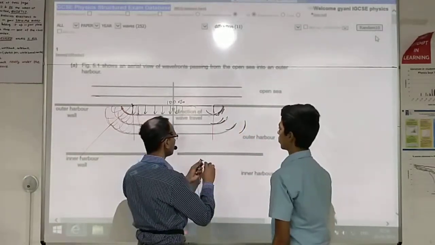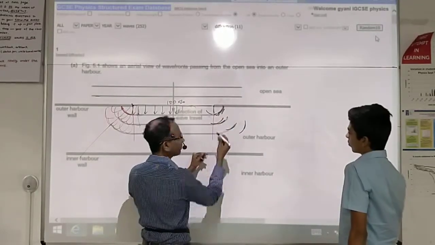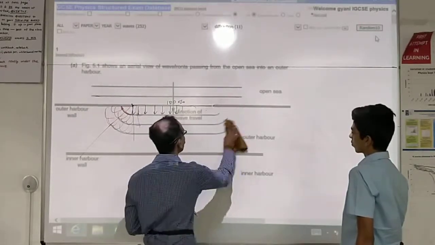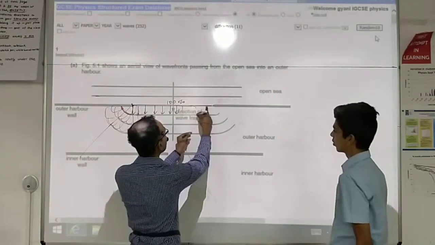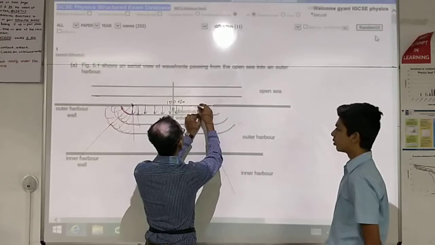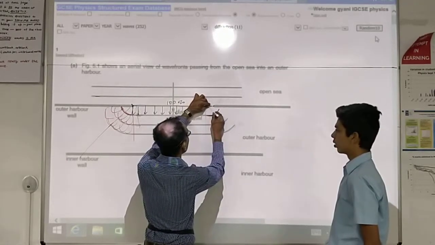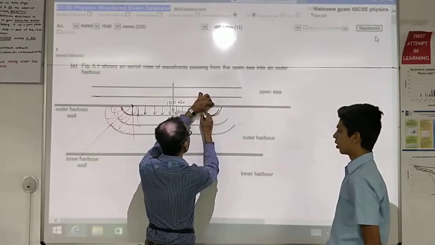No, see, this resultant wave here, let me erase it. The wavelength is not only due to this. It can also be due to this. See this wavelength. Even from here you get, even from here you get, even from here you get.